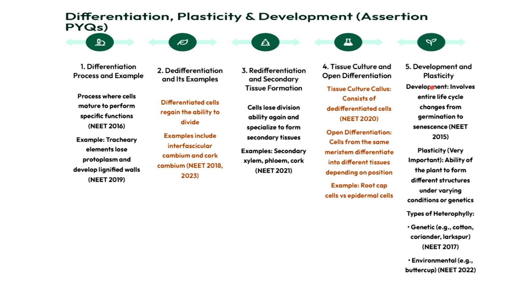And then we have development and plasticity. Here plasticity is very important. From plasticity, both the types, developmental as well as environmental plasticity or heterophylly, in particular examples of it are often asked. Okay, that's the hotspot of PYQs.